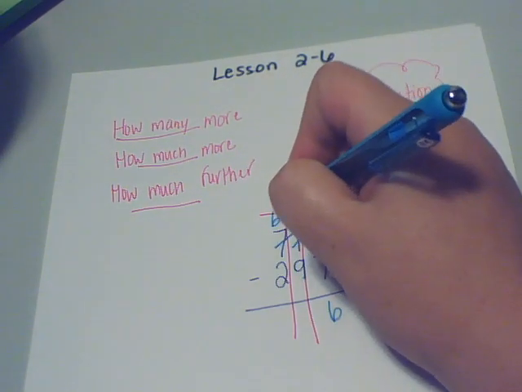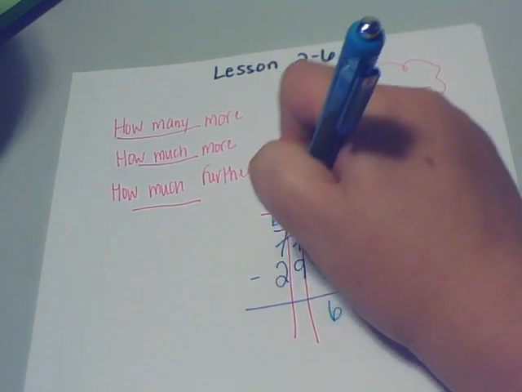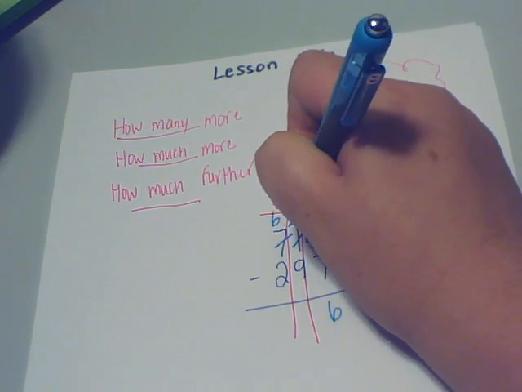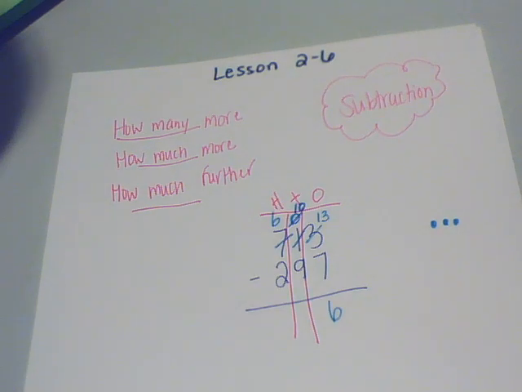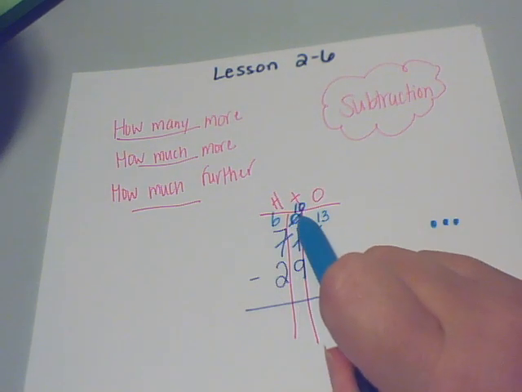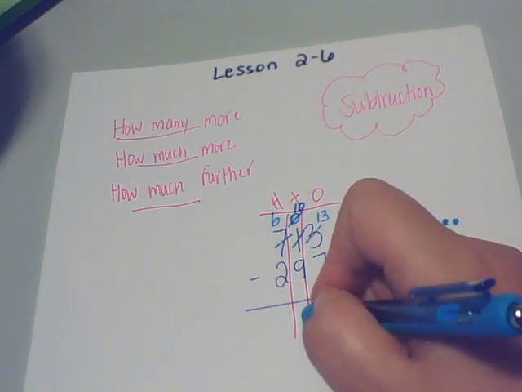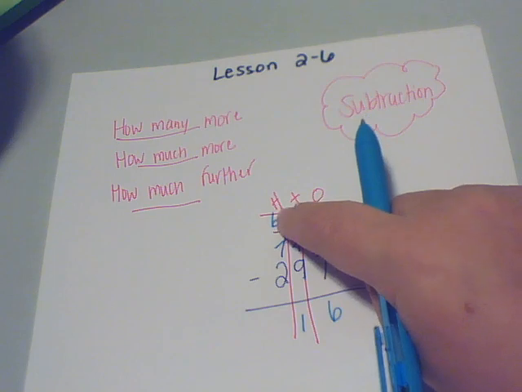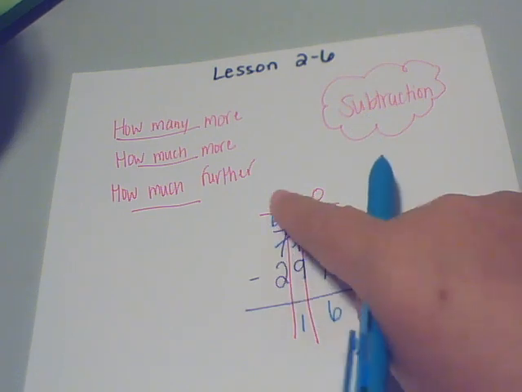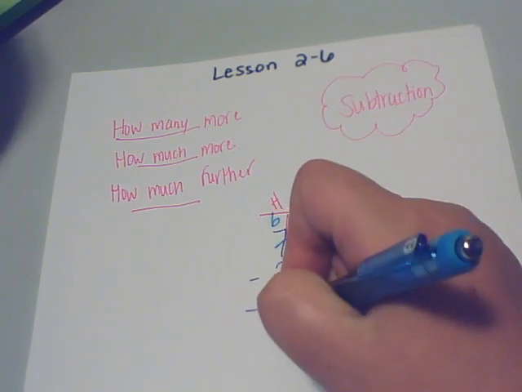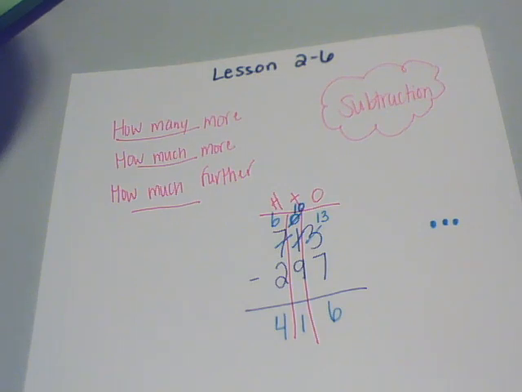I'm going to bring that 100 over here and add it to my 0 tens that I had. So I took 100 and brought it over. Now I have 10 minus 9. Gives me 1. 6 minus 2, I can do that because 6 is a greater number. Gives me 4. My answer would be 416.